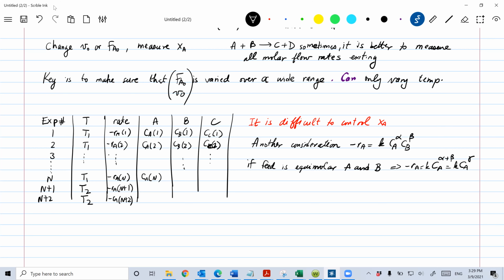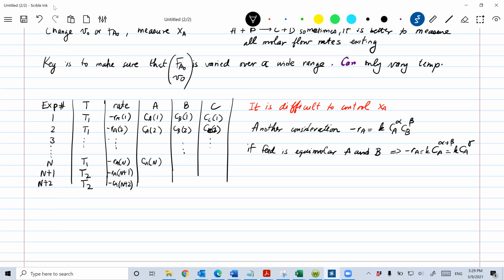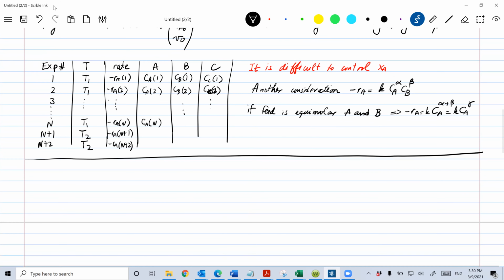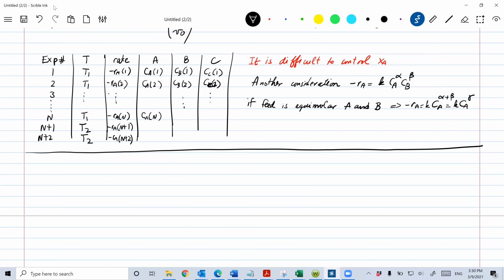So this first part of the lecture today is quite qualitative. There's not much algebra involved. It's just looking at what we are actually going to be doing. Another more important type of reactor is the differential plug flow reactor. What we mean by differential is that we're not integrating the design equation.